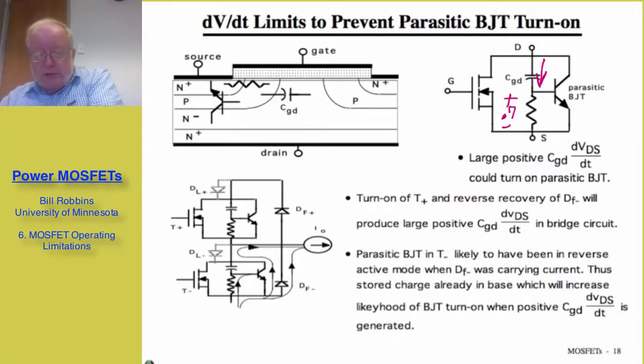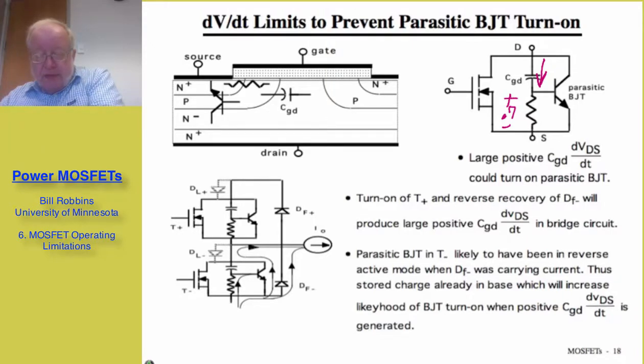And perhaps one of the circuit arrangements where this is most serious is in a half or a full bridge, when we have the lower section of the bridge, the MOSFET perhaps is off, but we have an integral diode carrying current, so that means there is stored charge in the body region.